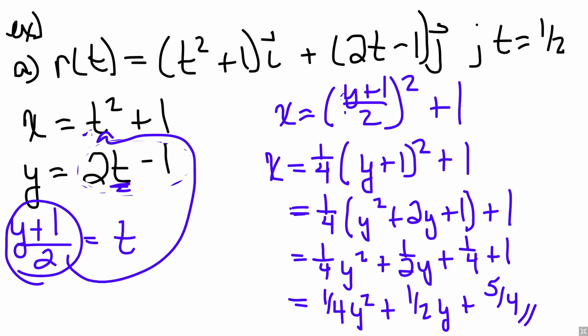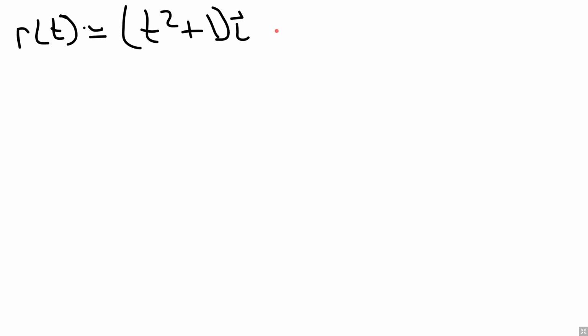Okay, so that's the first part of the question. Next, we want to find the velocity and acceleration vectors at the given time of t. We know that r(t) is defined as t squared plus 1 in the i direction plus 2t minus 1 in the j direction.